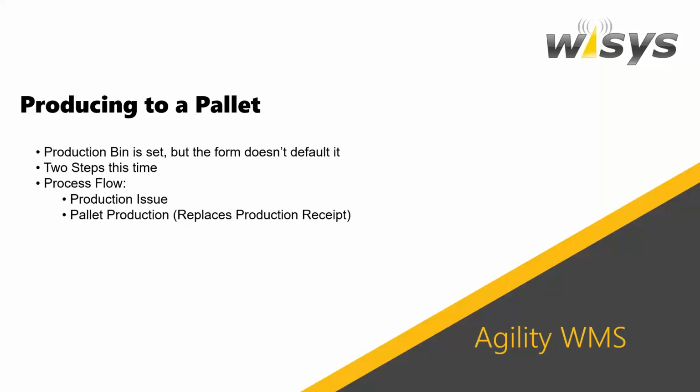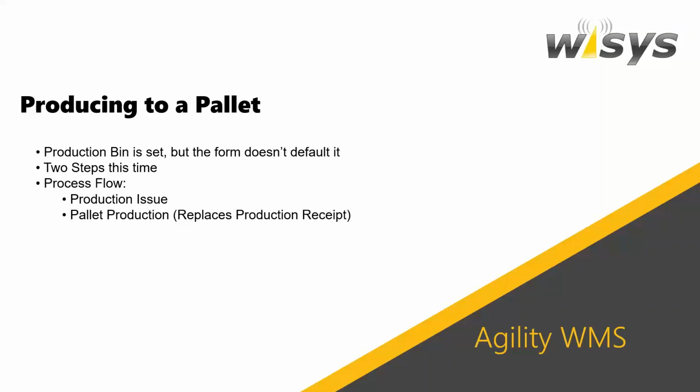You look for the manual items that need issued, then you issue those. Then you use our pallet production form, which is still in the production menu. It's not in the pallet menu. It's just right there in production. What pallet production does is give you the ability to do that production receipt to a pallet in WiSys. So you can either do that to an existing pallet.